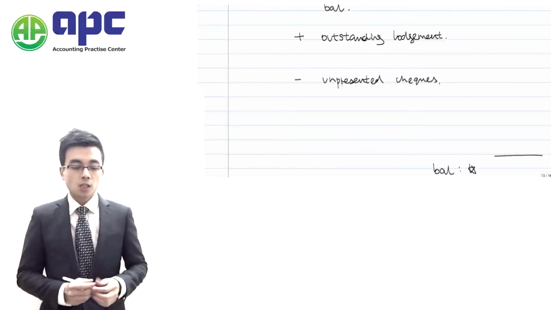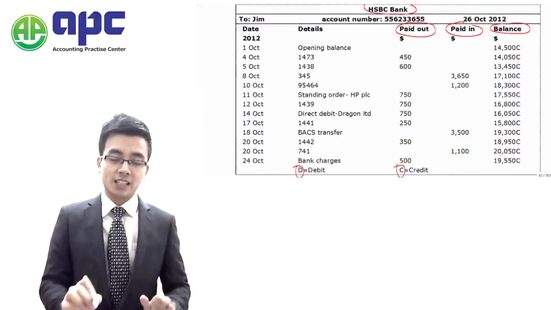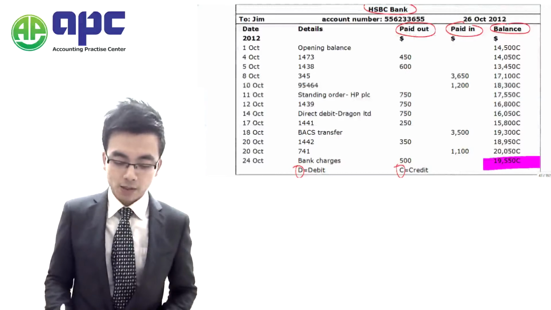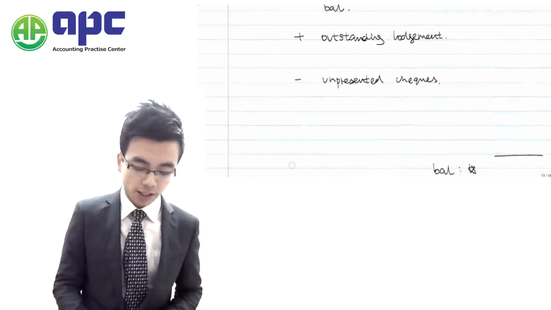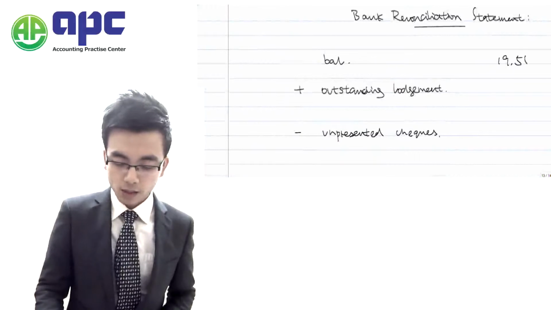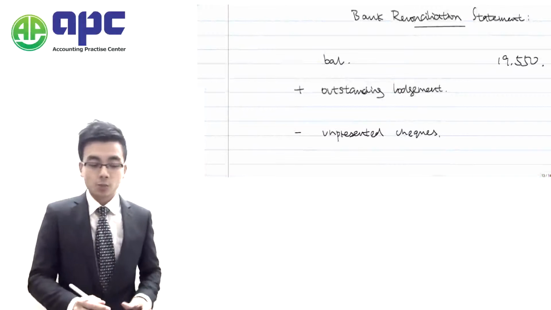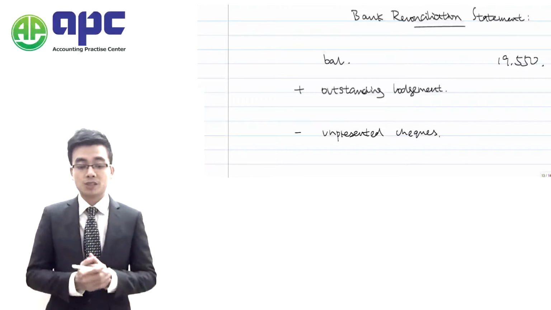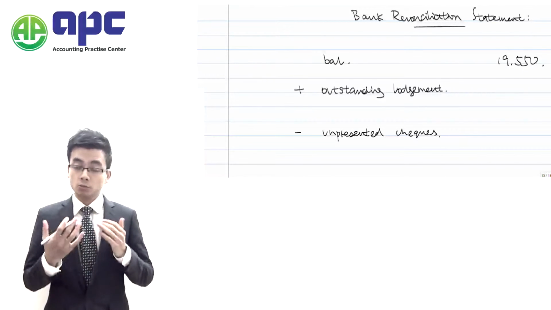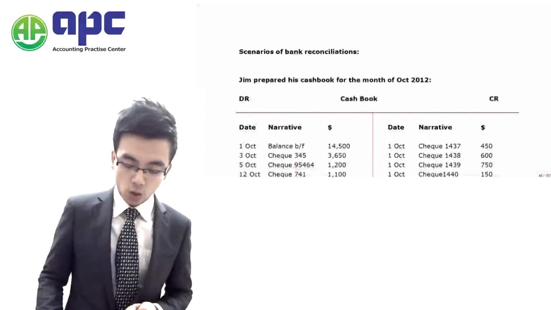Okay, so the first thing we're going to do is take the figure within the bank statement of 19,550 credit, which is the asset to the company here, and then we're going to consider the outstanding lodgements as well as the unpresented checks.